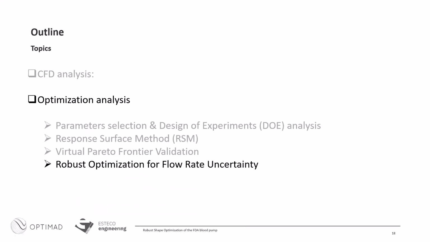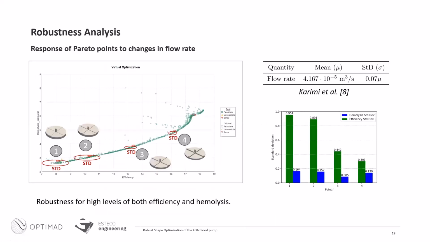Finally, we conducted a robustness analysis in order to study the response of the Pareto points to a variation of one boundary condition. We chose the inlet flow rate, and we started with a mean value and applied a deviation, shown here in the table.